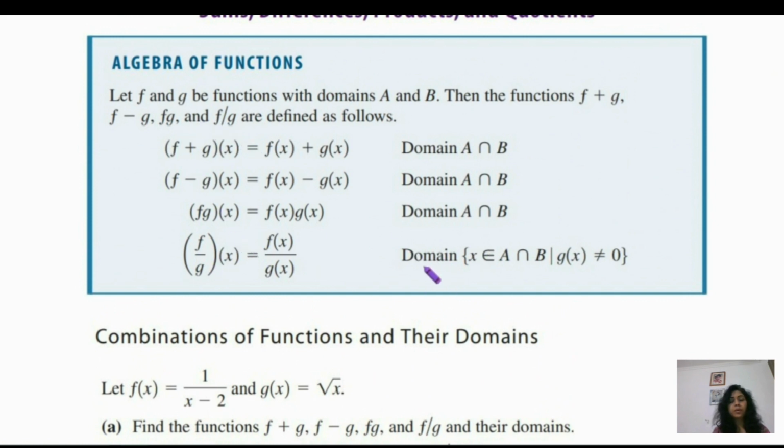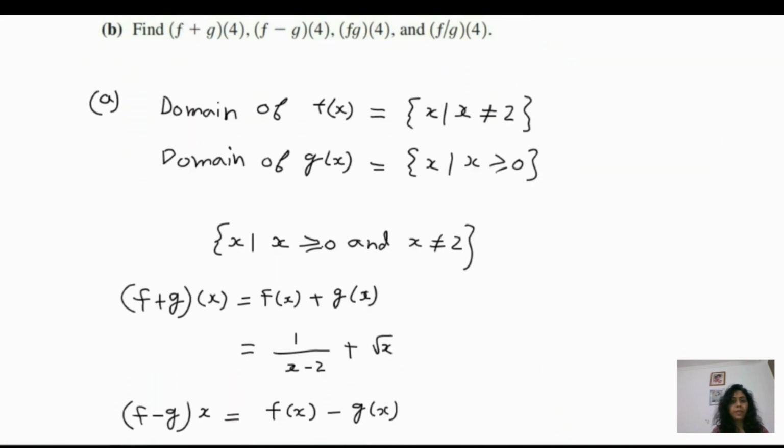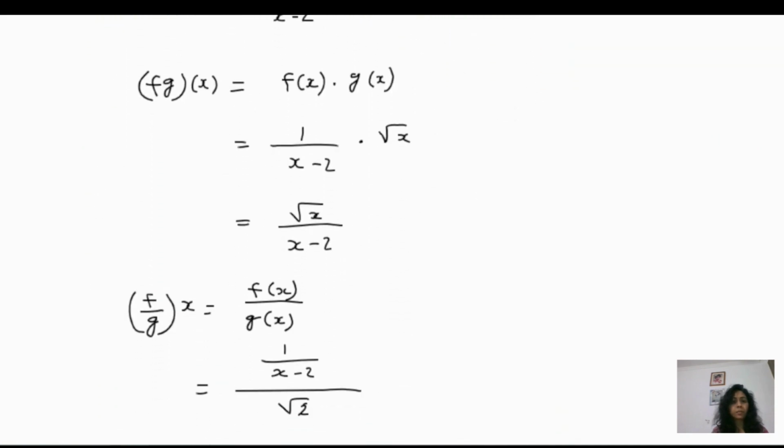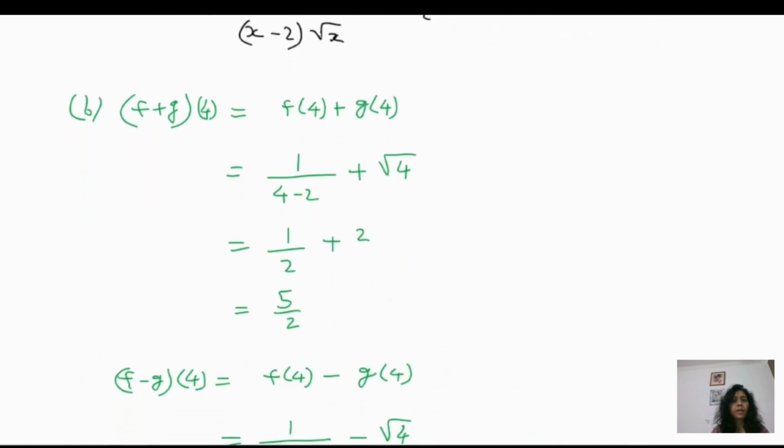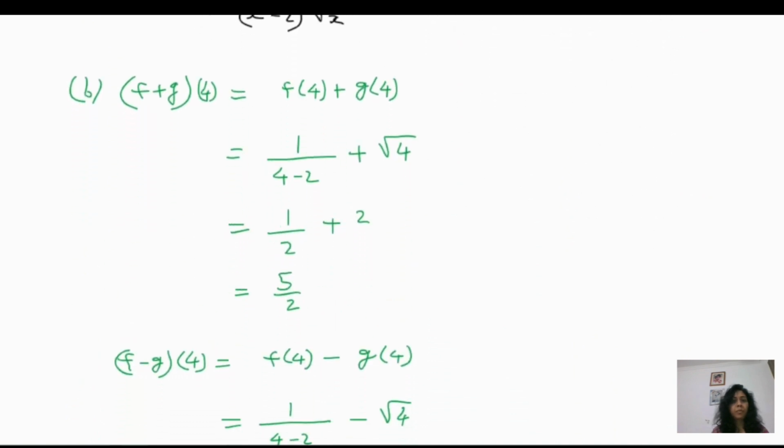Just remember that g(x) can't be 0, so there is a little bit of change in the domain for the quotient rule. And for B type of questions, any number can replace x, so simply put in the values and then calculate.